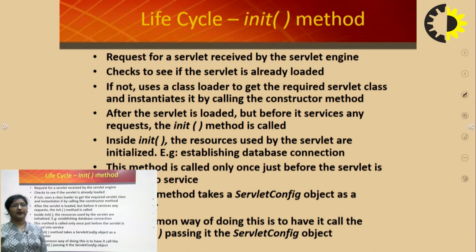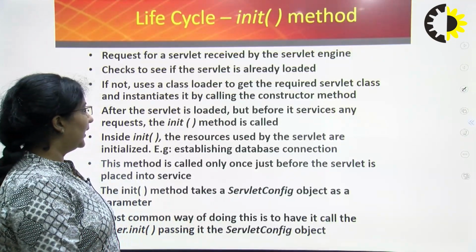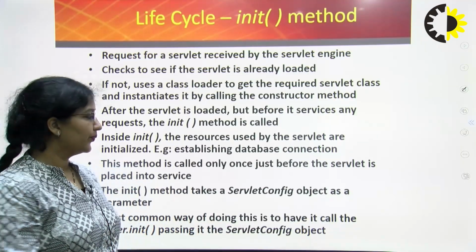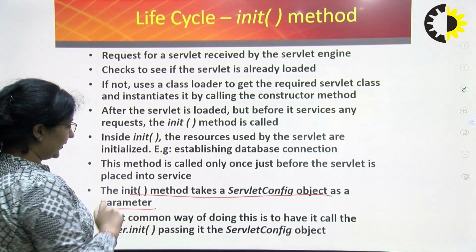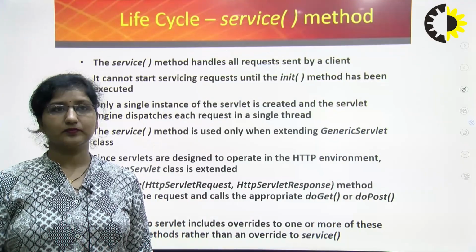For the init method, a request for the servlet is received by the servlet engine, which checks to see if the servlet is already loaded. If not, it loads it, and after the servlet is loaded, it calls the service function. It takes the servlet config object as the parameter, and those parameters are passed to it.